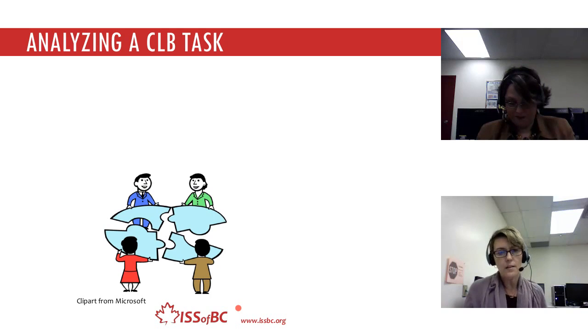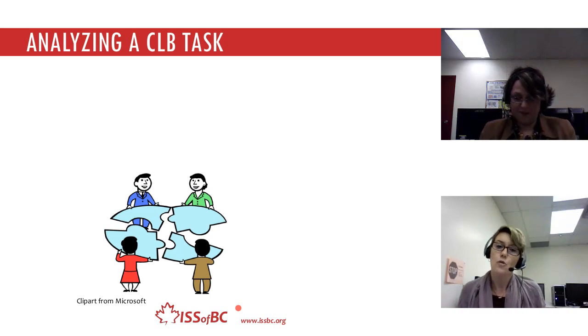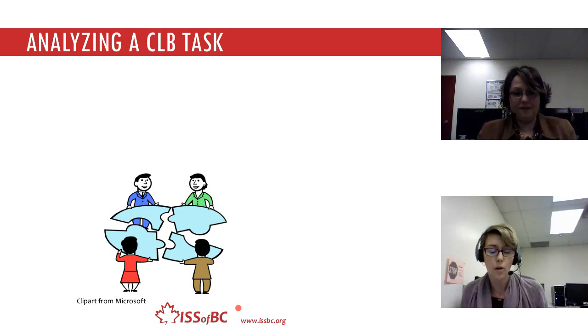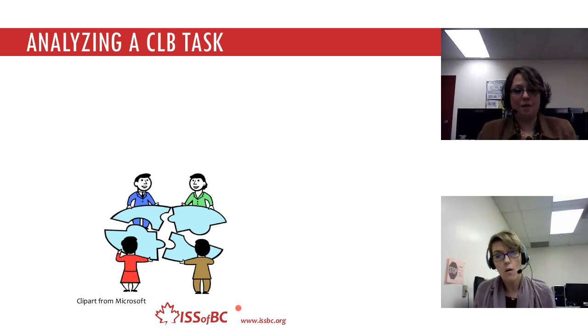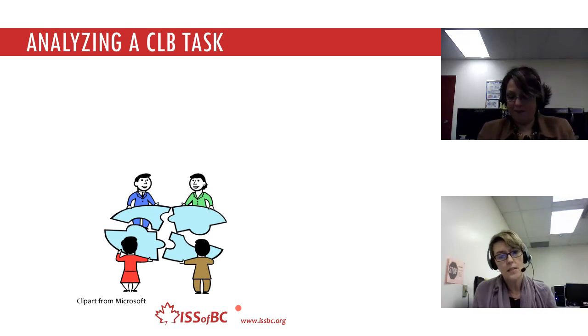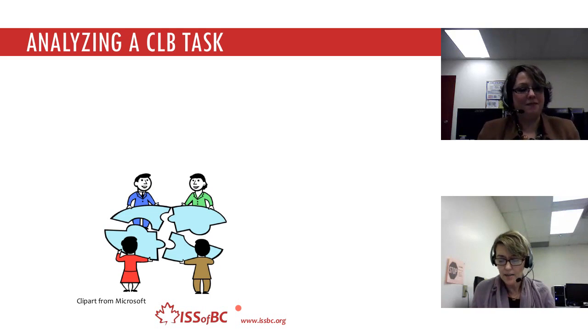with PBLA, you will do a needs assessment with your students and find out what real-world tasks students are trying to accomplish. Once you know what those real-world tasks are, you can then go to the CLB document for your CLB level and see which competencies apply to those tasks.